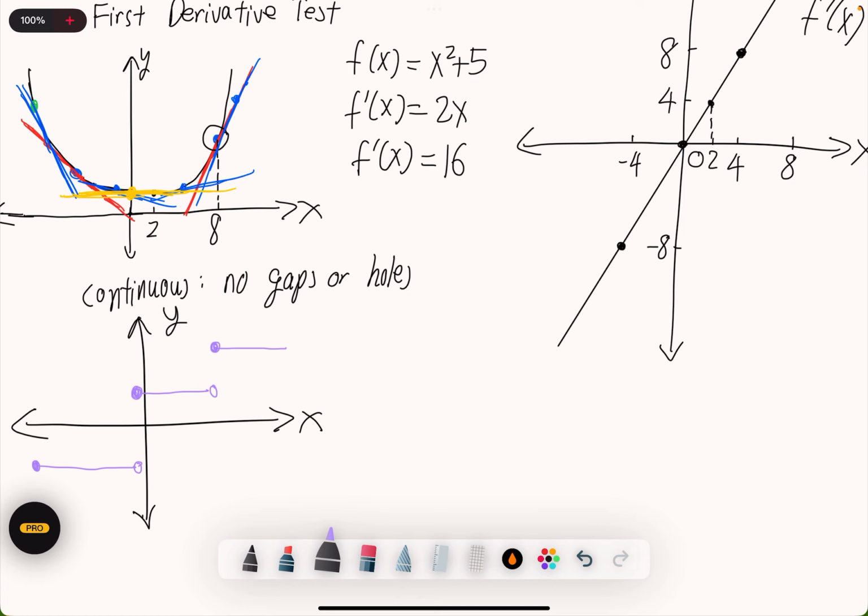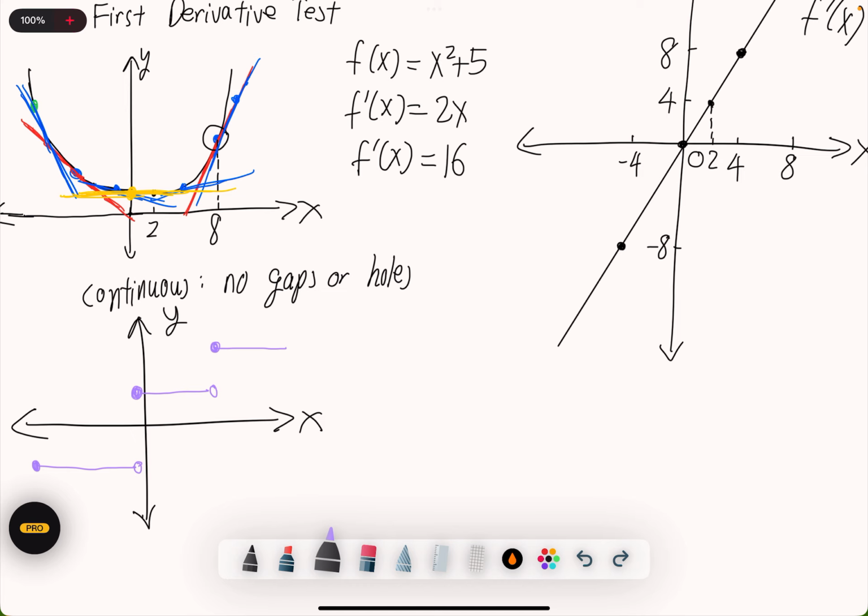And here the function is discontinuous at several points. At this point, and probably at some other points. As you can see, being discontinuous basically means you can't draw this function without lifting your pen. So you have to do this, and then you have to lift your pen up, and then you have to do that.